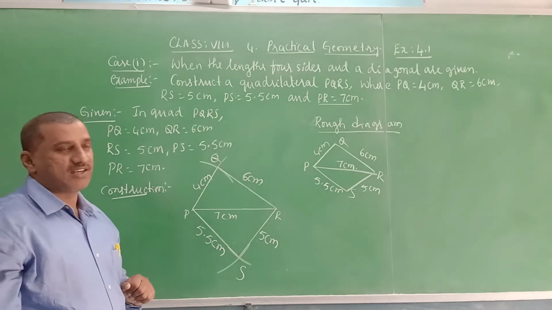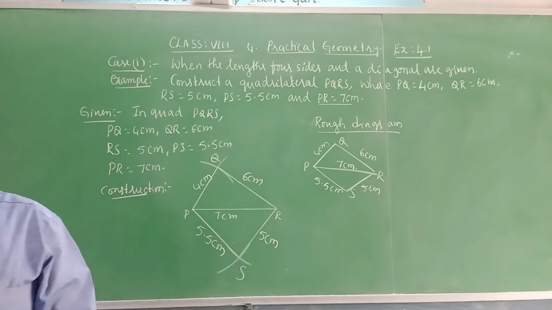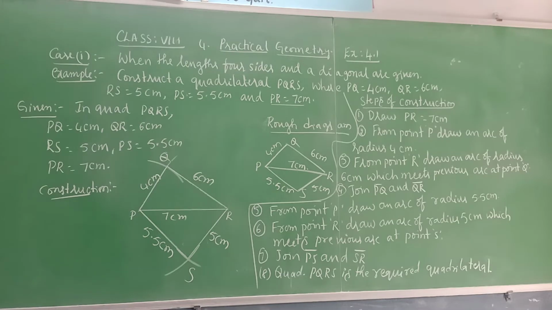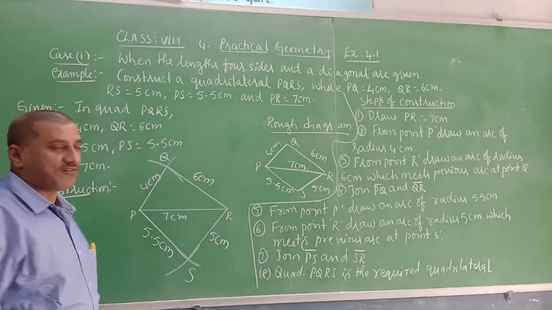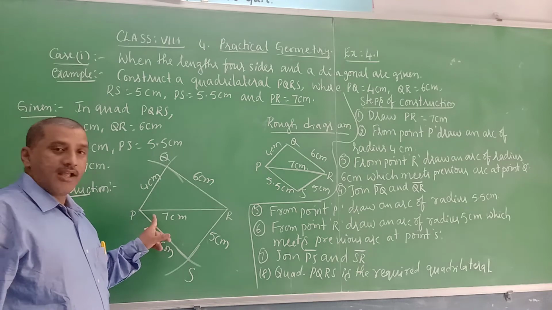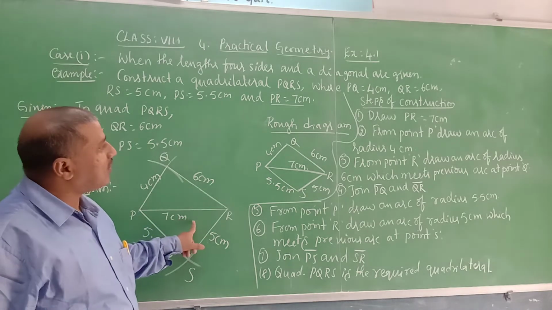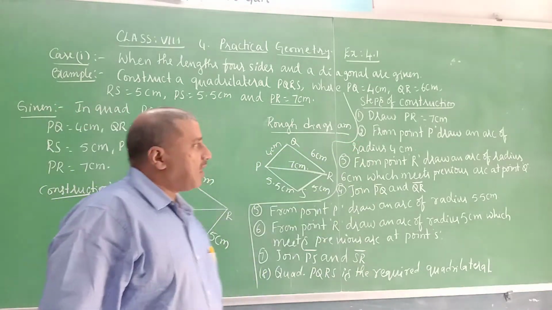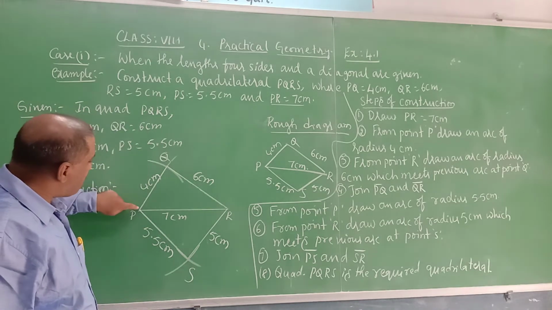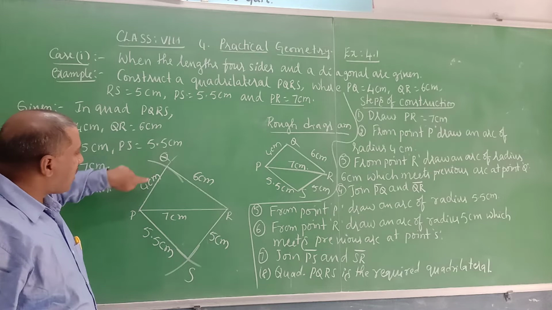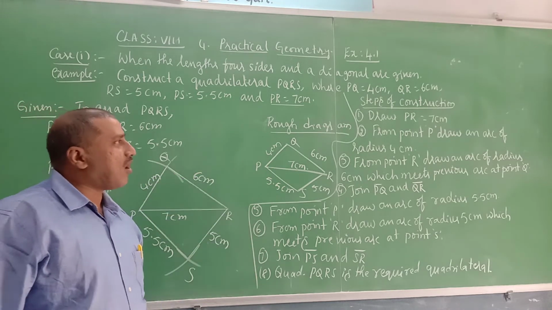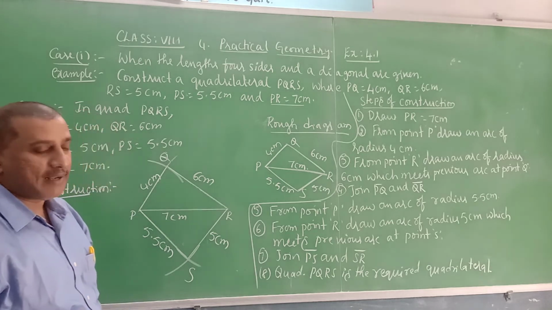Now, the steps of construction. First step, we draw a line segment PR equal to 7 centimeters. Second step, from point P, we draw an arc of radius 4 centimeters.